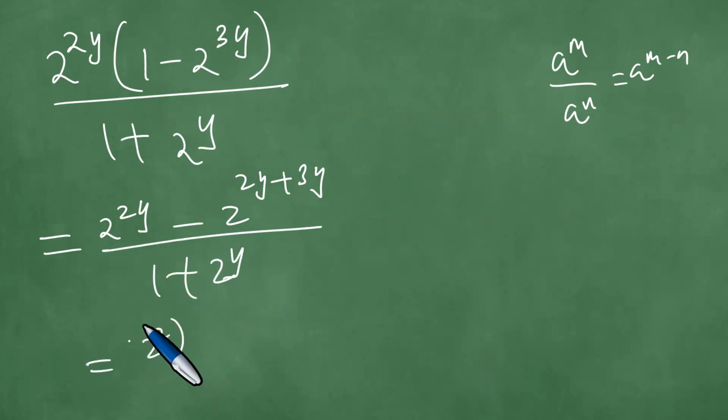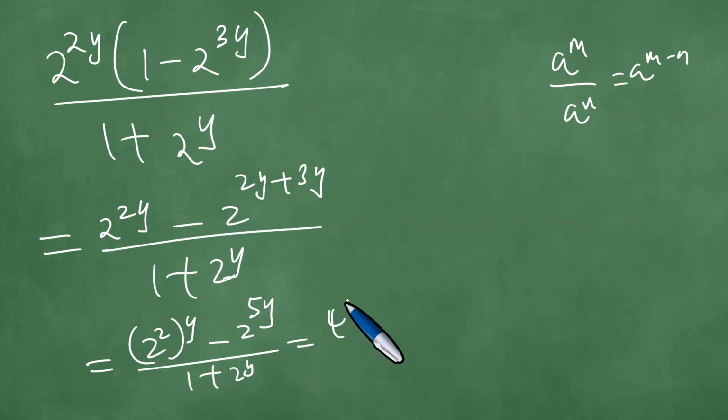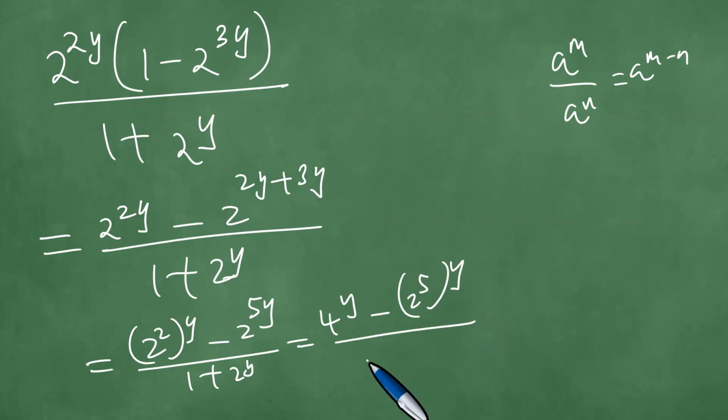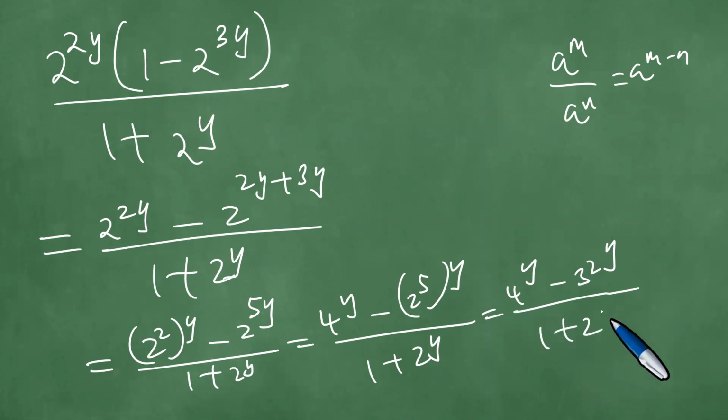So this is 2 to the power 5y, times 1 minus... over 1 plus 2 to the power y. 2 to the power 5 is 32, so 32 to the y, divided by 1 plus 2 to the y.